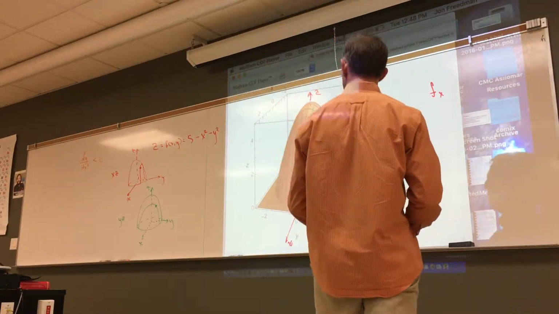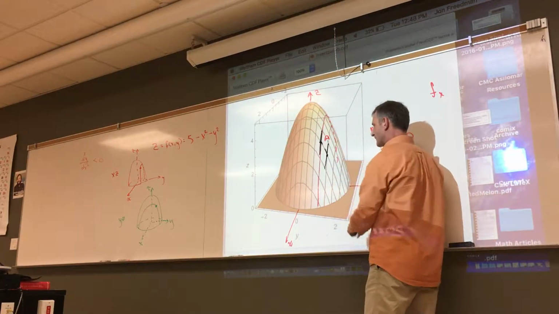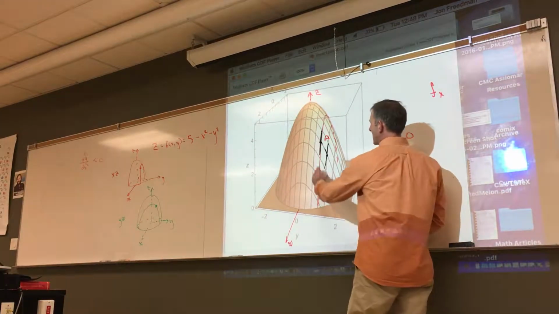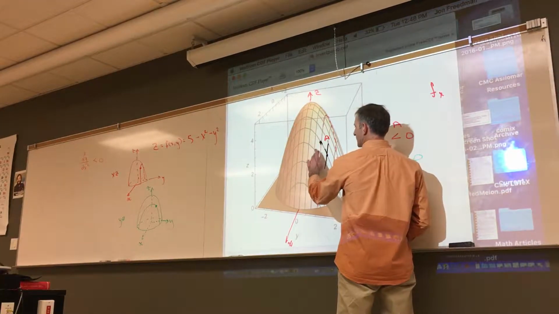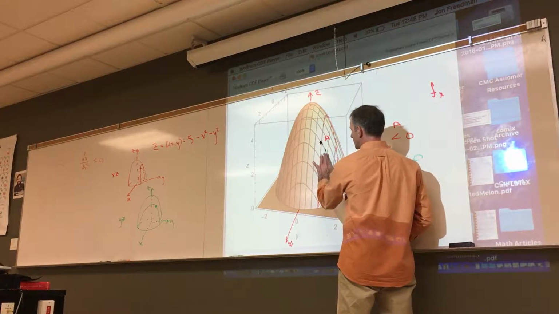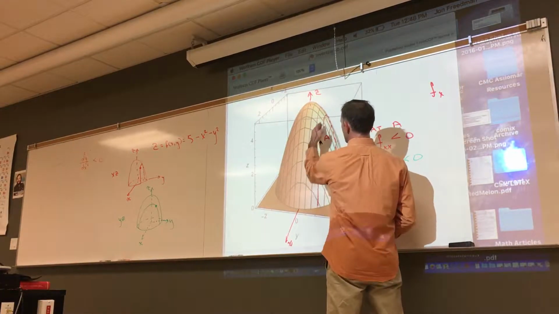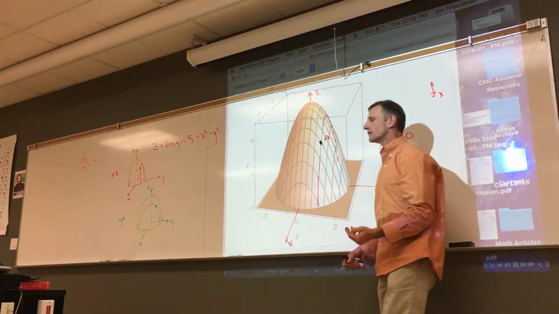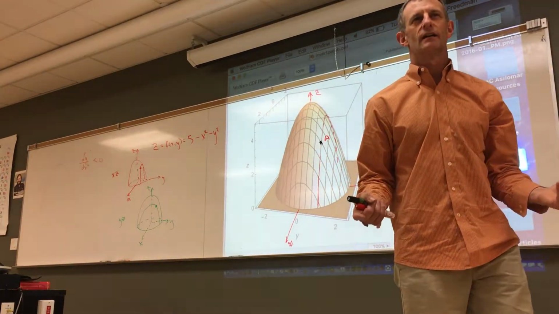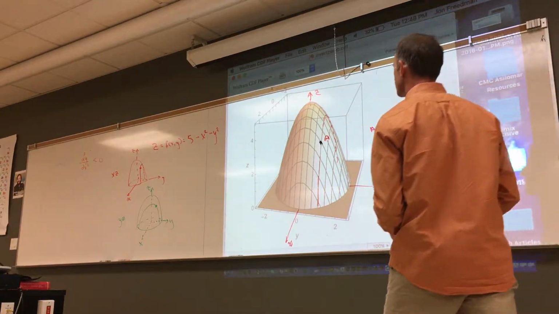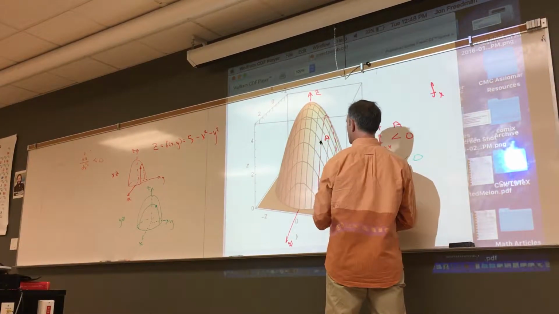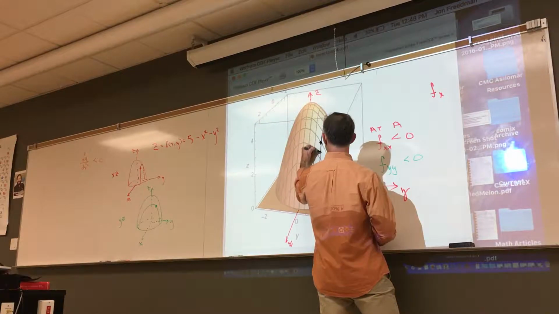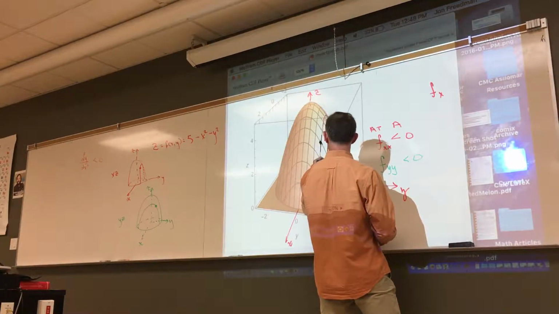You notice as I'm going down this hill, these guys aren't flattening out a whole lot. In fact, let me erase this for a second, now that you have that after image in your head. Look at these contour lines, look at their slopes. What do they look like? If I look at these contour lines as I move in the y direction, what do you notice about this slope and this slope and this slope?